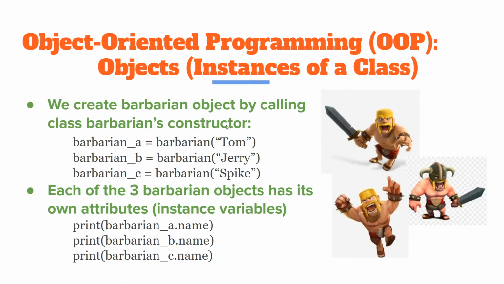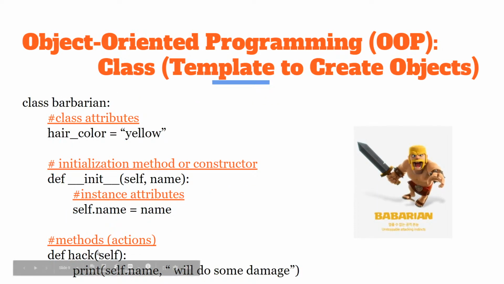So essentially we just created a barbarian named Tom. All of this over here is the object, by the way, and it is stored in barbarian_a, the variable. Now that this variable has Barbarian Tom stored in it, we can call anything inside of this class.